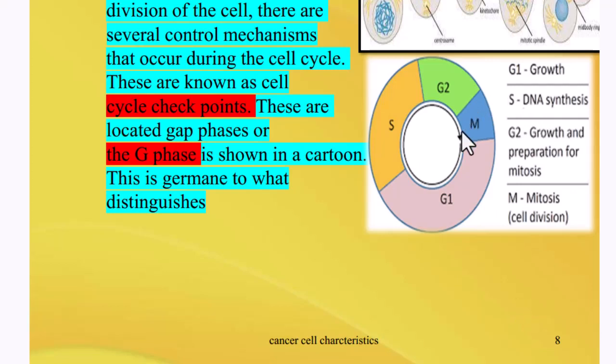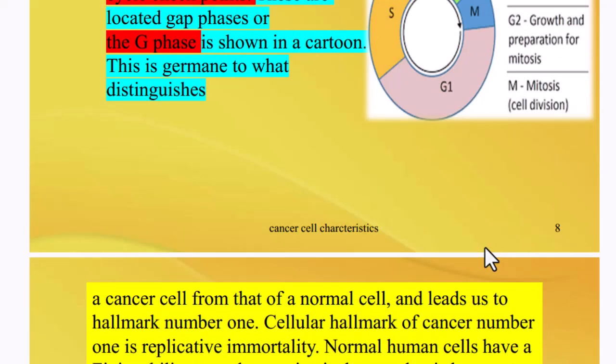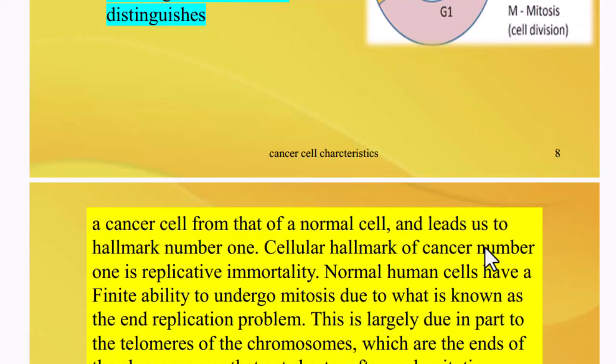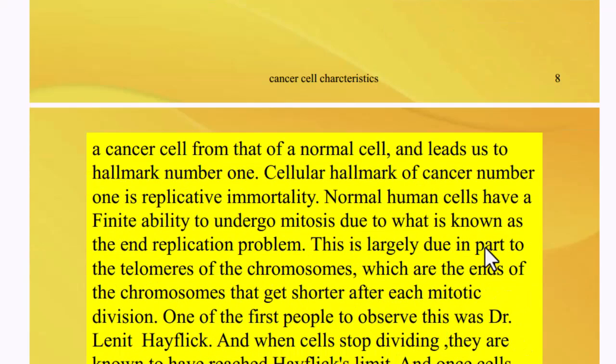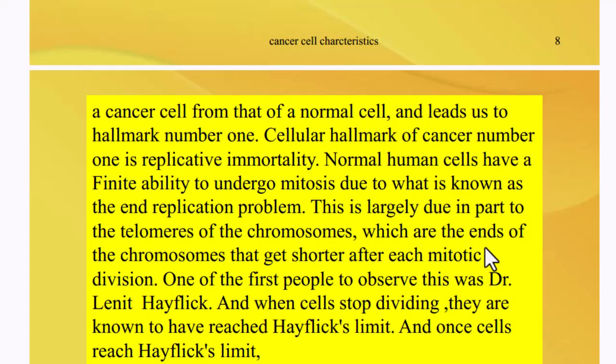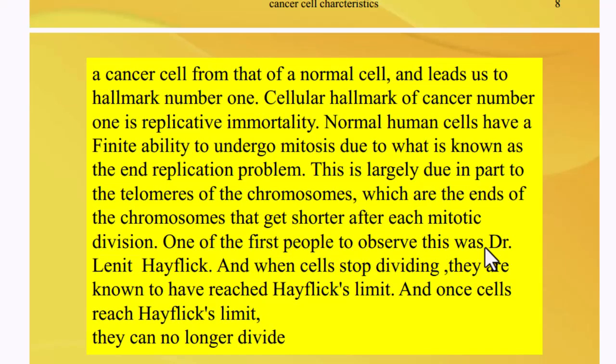This is germane to what distinguishes a cancer cell from a normal cell, and leads us to characteristic number 1, or hallmark number 1, replicative immortality. The normal human cell has a finite ability to undergo mitosis due to what is known as the end replication problem.